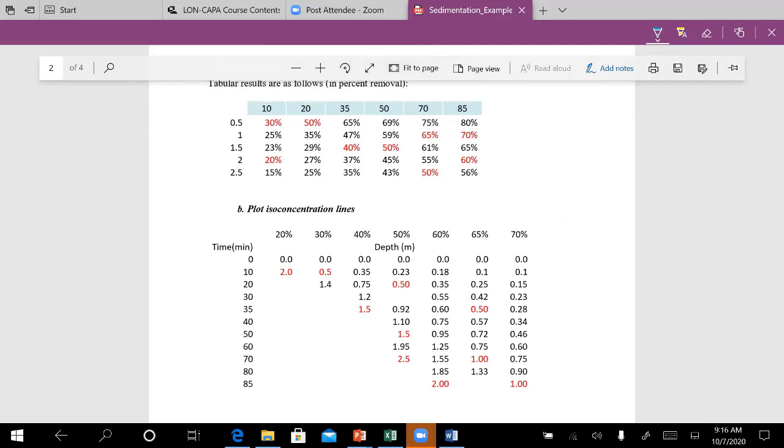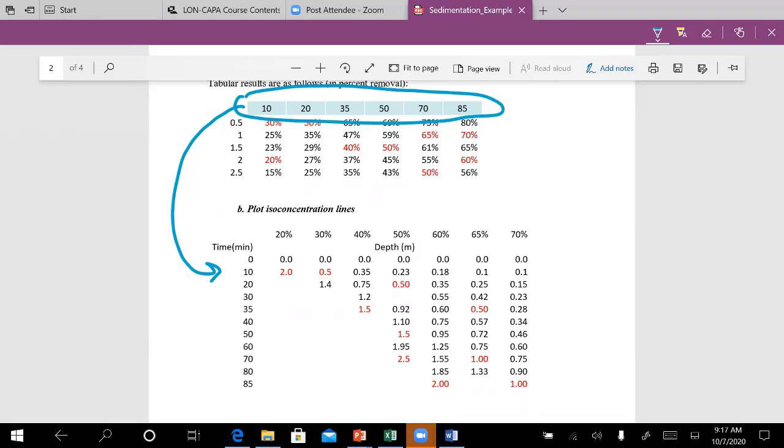Notice here we have time here, and we've got time here. We're taking that time data and putting it in rows. We have in the table here the percent removals.